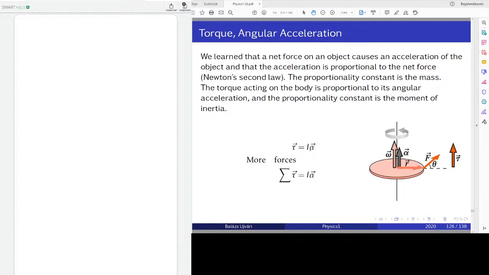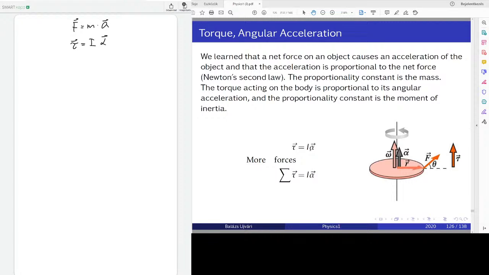So what we learned in the Newton axiom, F equals m times a, and these are of course also vectors. The torque will be equal to moment of inertia times angular acceleration.